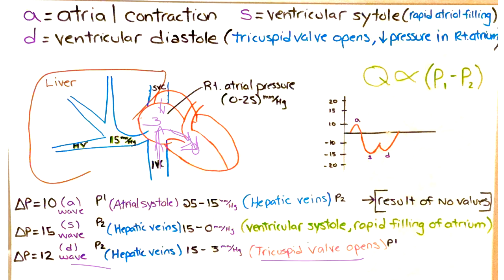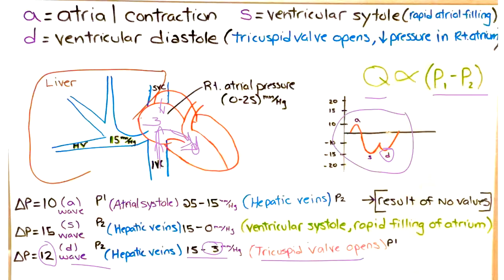And if you calculate out a pressure gradient, the hepatic veins being 15, and now the right atrium, as it was filling, started to build up, and we just use an example of 3, the pressure gradient is now 12. The direction is still towards the heart, and then you have what we refer to as the D wave. It's a little bit smaller than the S wave because the pressure is going up as the blood is filling the atrium. So again, if the pressure gradient is proportional to volume flow, that will be reflected in the waveform.